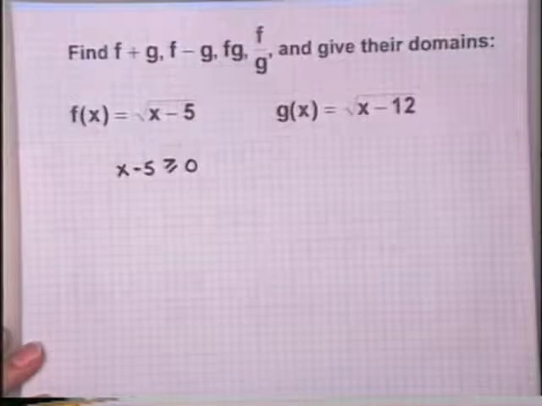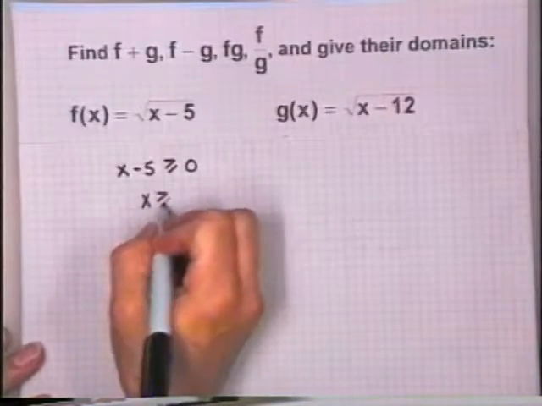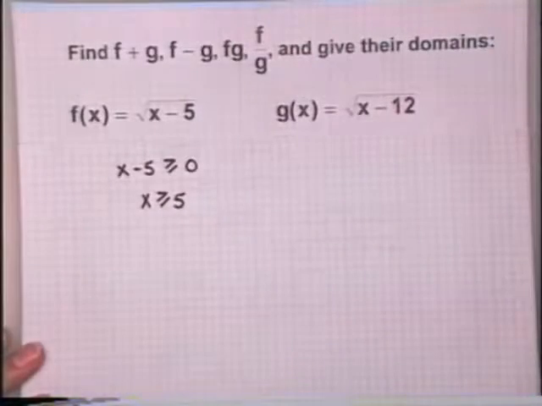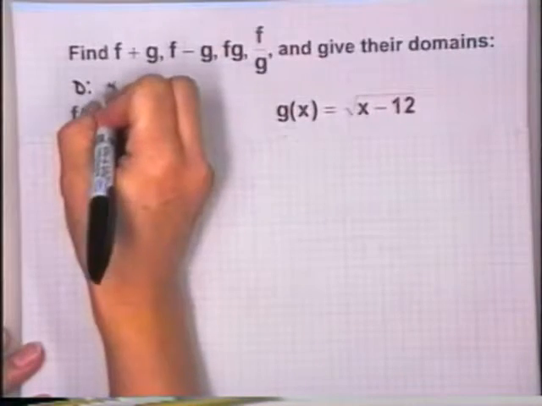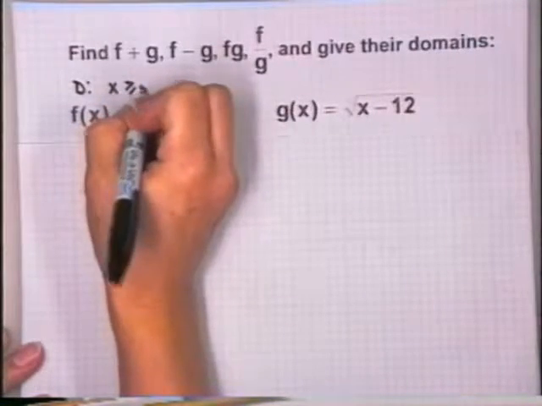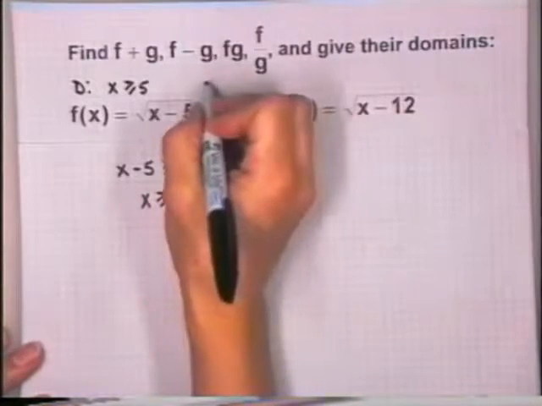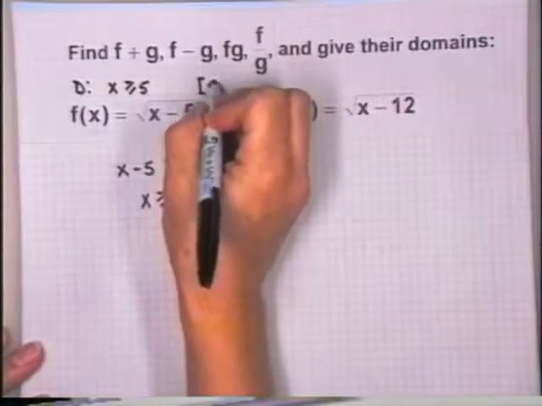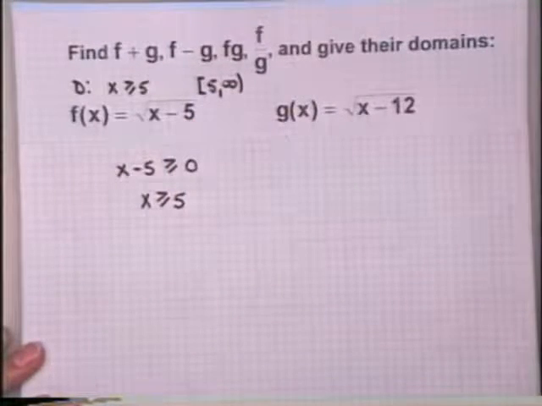It has to be positive or perhaps equal to 0, which says x has to be greater than or equal to 5, doesn't it? So I'm going to make a note up here for the domain of function f: x is greater than or equal to 5. Recall, if you prefer interval notation, that would be a bracket from 5 to infinity. You may write that either way that you choose.